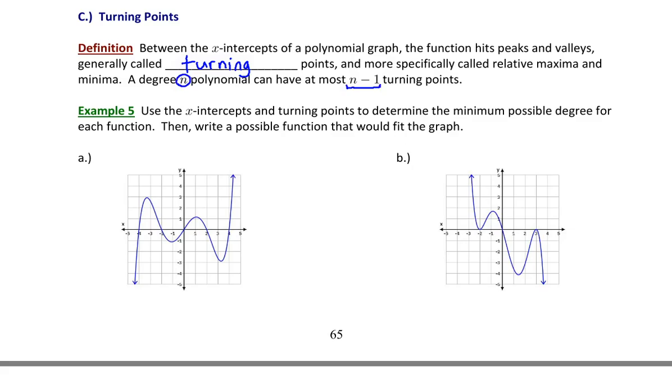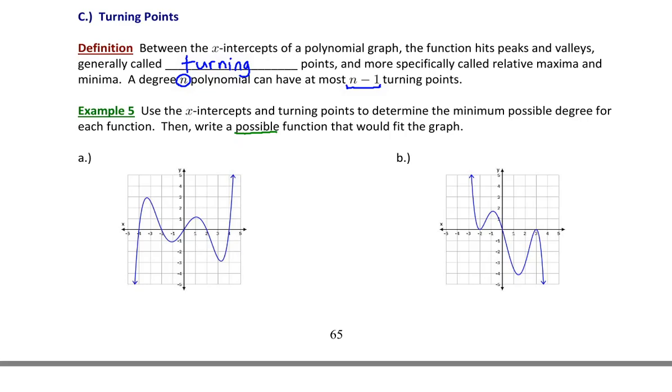Let's look at a couple of example graphs to solidify that information. On example 5, use the x-intercepts and turning points to determine the minimum possible degree for each function. And then write a possible function that would fit the graph. So a possible function doesn't have to be unique.